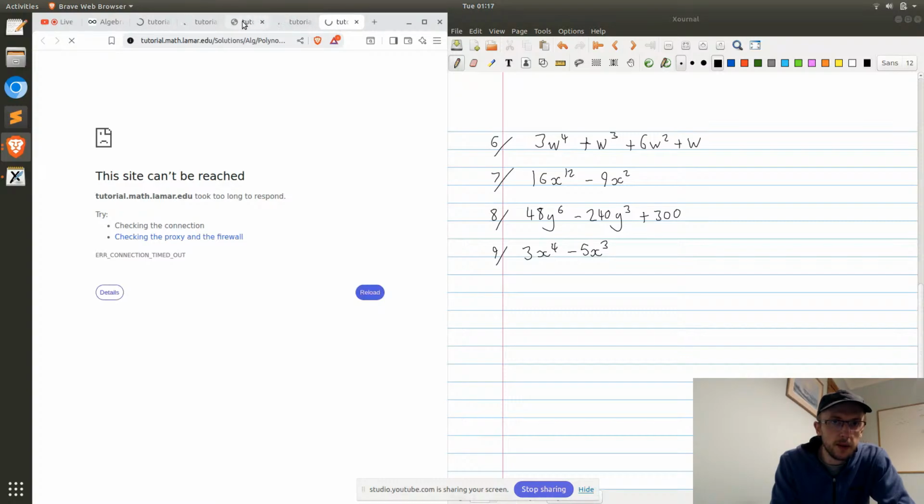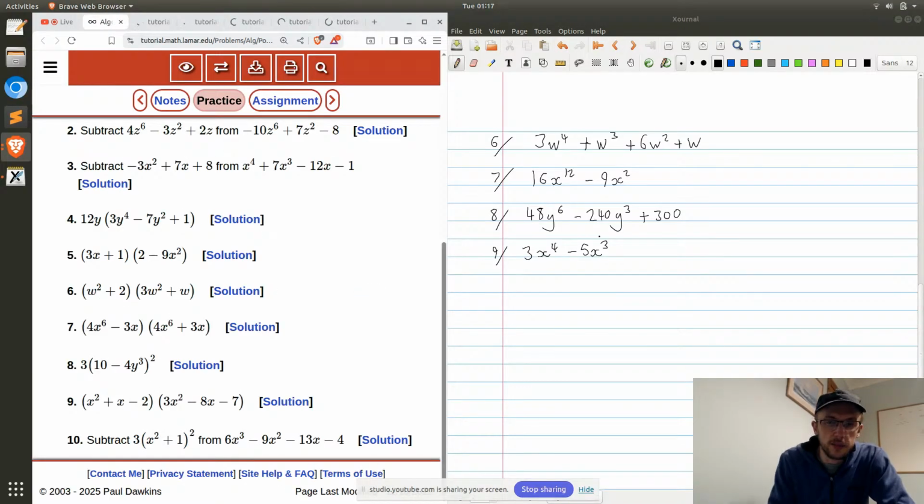Okay, beg your pardon, these pages aren't loading, even though they're just simple pages. Okay, then minus 6, minus 14, minus 21. Okay, and now 16 minus 7 is 9. And finally, 14.